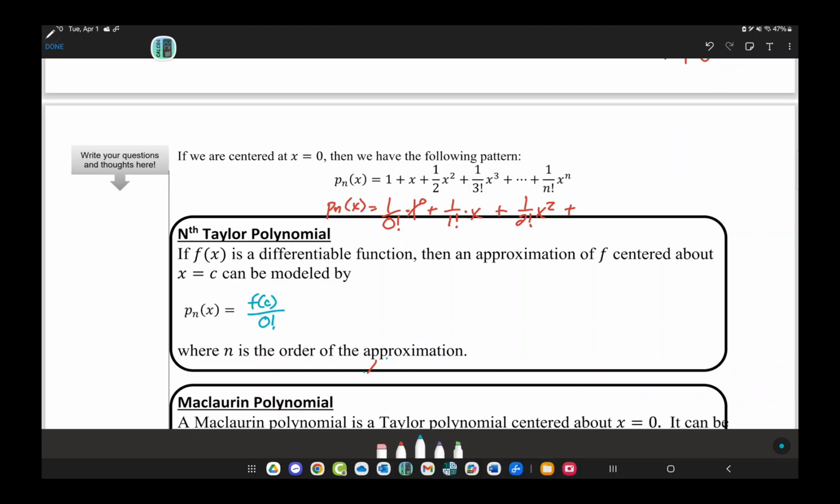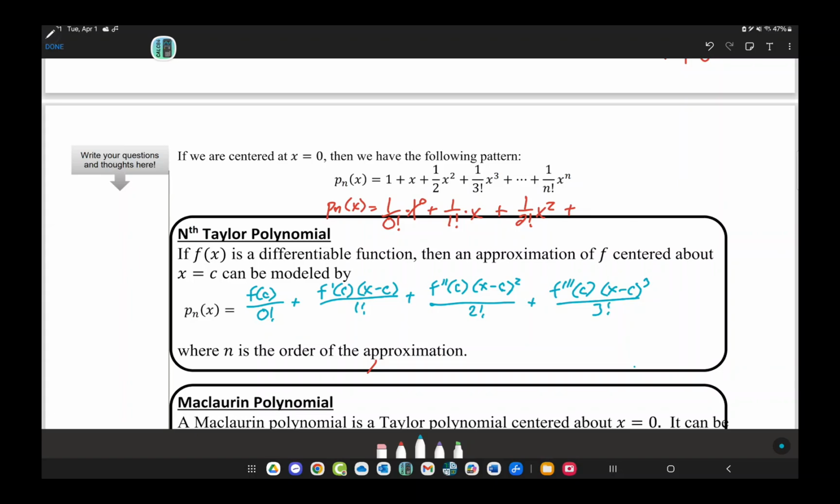Plus f prime of c times x minus c over 1 factorial. Again, you can just put 1 if you want. Plus f double prime of c times x minus c squared over 2 factorial, plus f triple prime of c times x minus c cubed over 3 factorial.